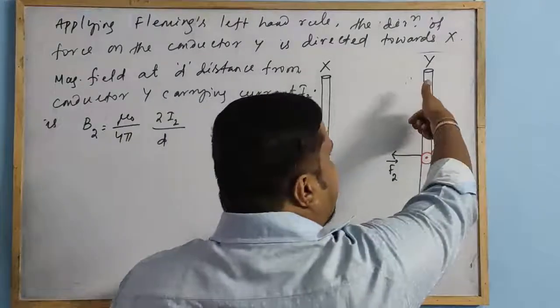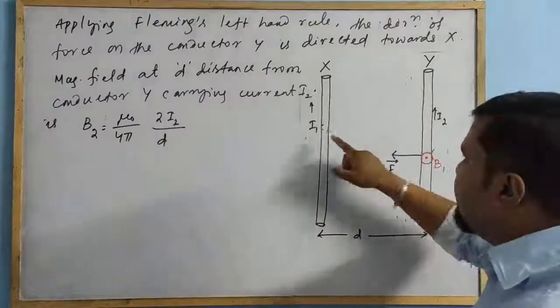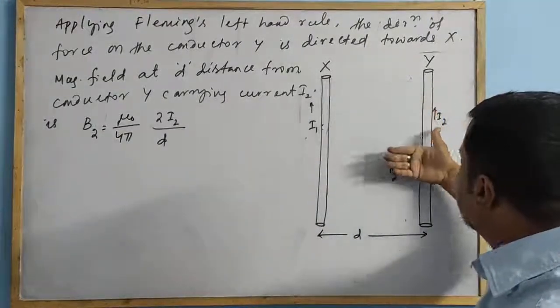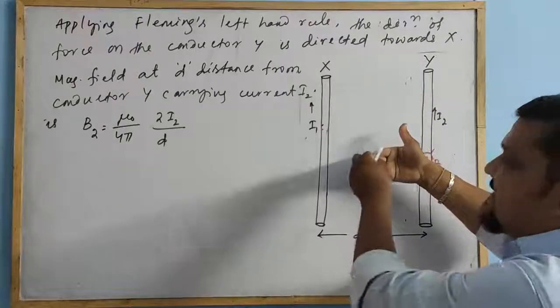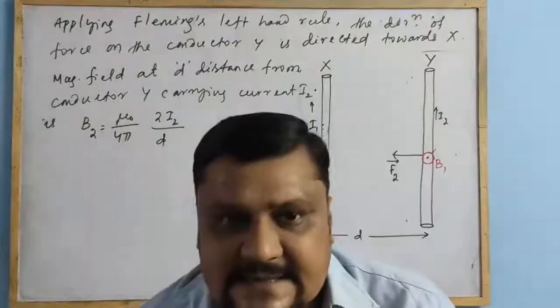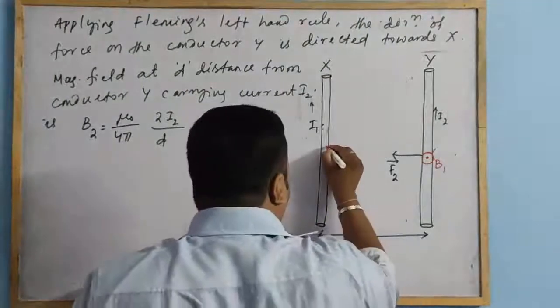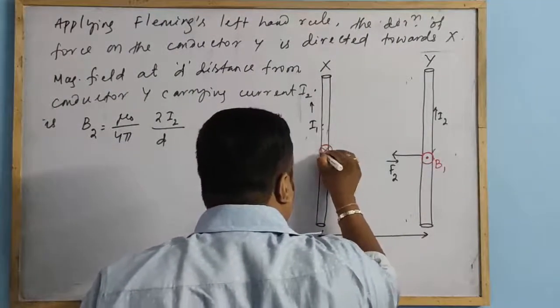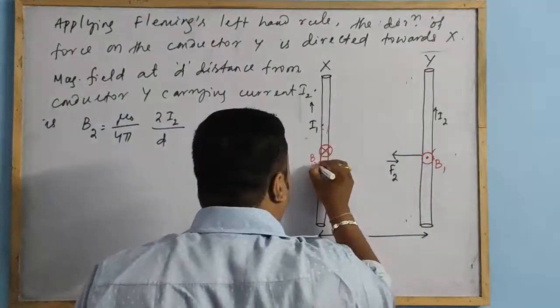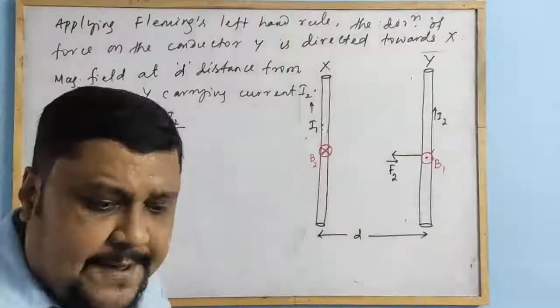The current is in this direction. The conductor is here, the point is here, suppose, at any point on this part. So the current is along this direction. Hold this, the finger tips point in the perpendicular upward direction. So the magnetic field B2 is perpendicular upward.